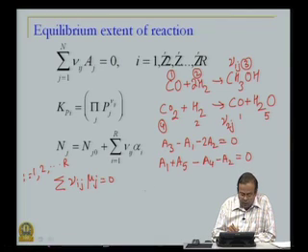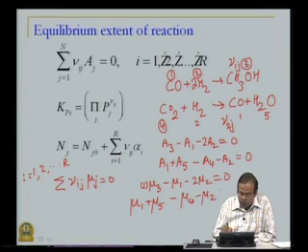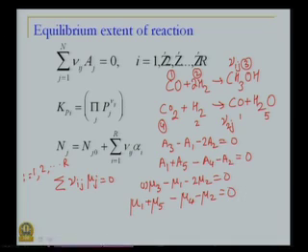That one will be 1 into mu 3 minus mu 1 minus 2 mu 2 equal to 0. I am just picking up the corresponding stoichiometric coefficients, and the second one would be mu 1 plus mu 5 minus mu 4 minus mu 2 equal to 0. So, I have two conditions.